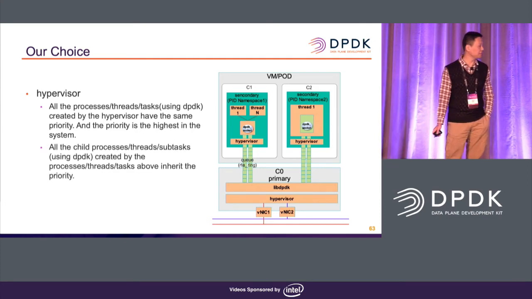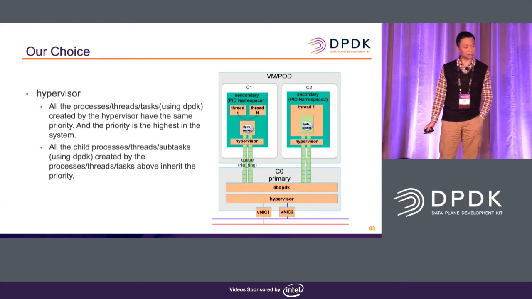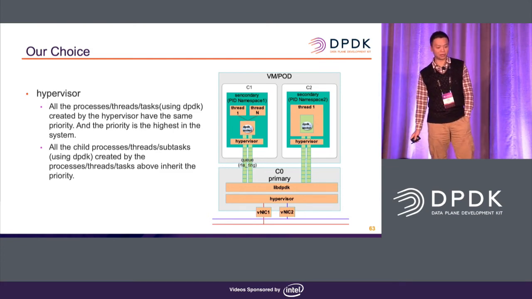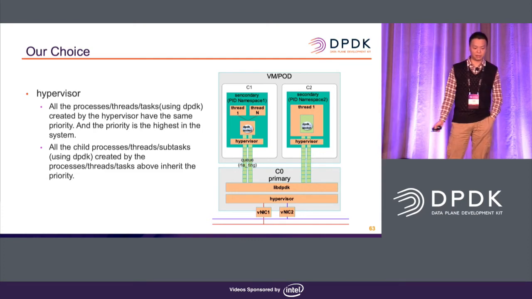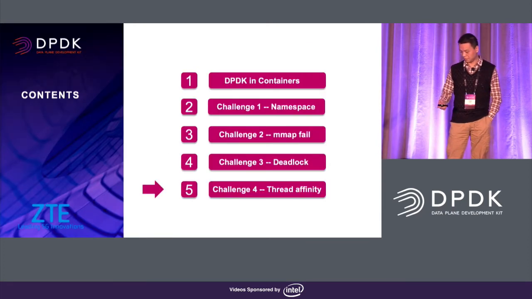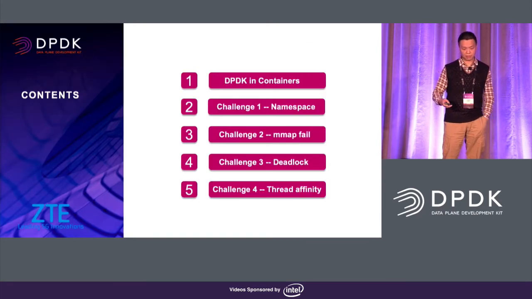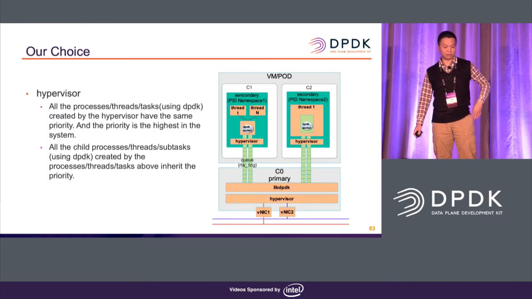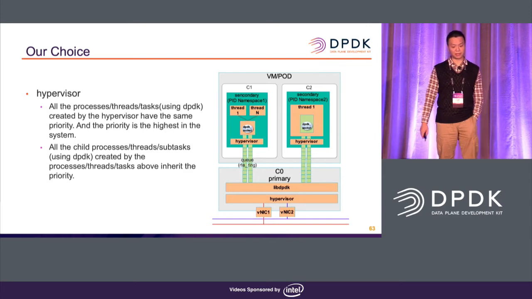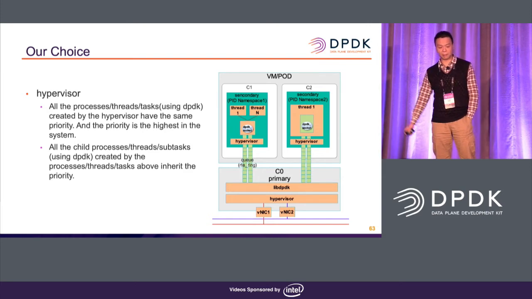And the second is all the child processes, threads, and subtasks using DPDK created by the processes above inherit the priority. So all this can solve the deadlock.